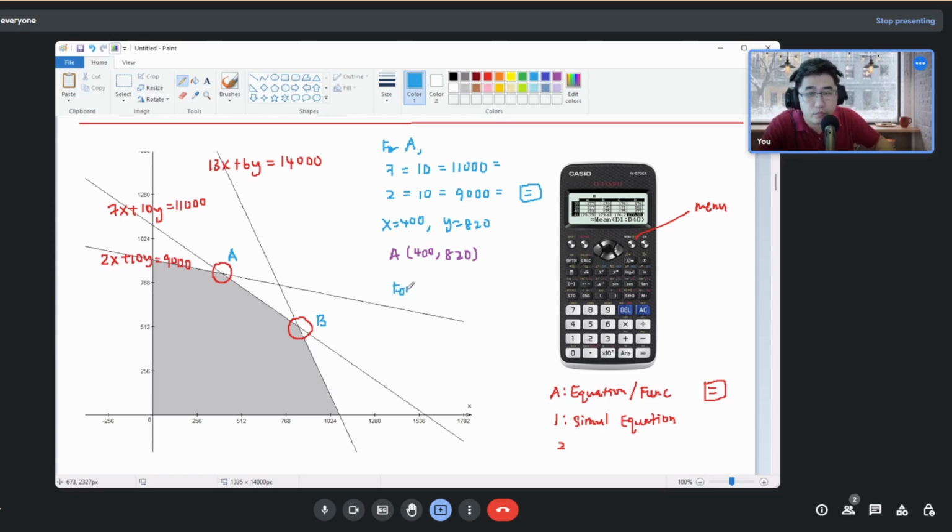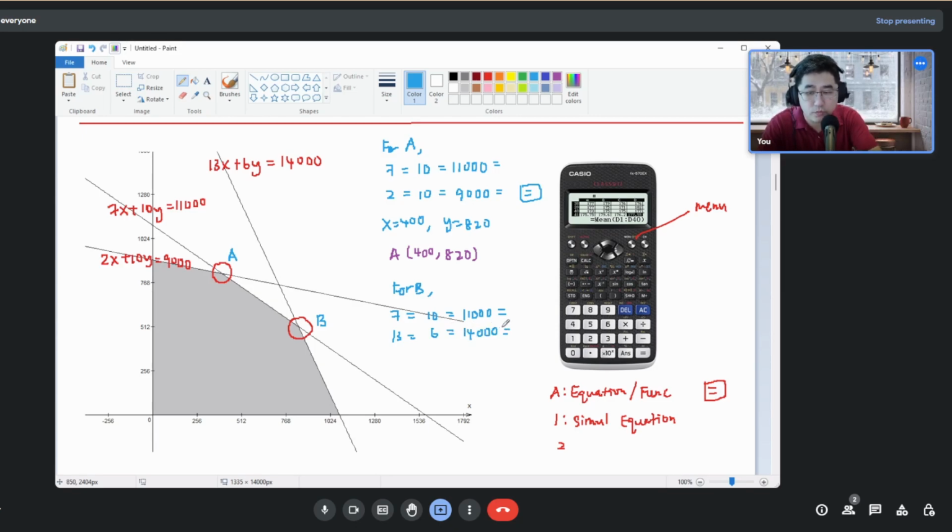So for B, you see there is an intersection of 7x plus 10y equals 11,000 and 13x plus 6y equals 14,000. Therefore, we key in like this: 7 equal 10 equal 11,000 equal 13 equal 6 equal 14,000 equal.